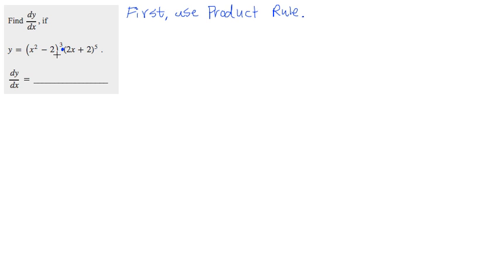So the product rule says that the derivative of y is the first factor times the derivative of the second factor plus the second factor times the derivative of the first factor. Okay, so writing that out, it's x squared minus 2 cubed, that's the first factor, times the derivative of the second factor. So I'm going to switch over here, let's do that one in pink. So times the derivative of 2x plus 2 to the fifth.